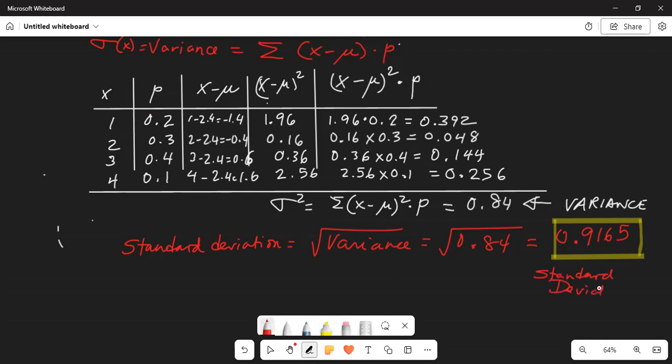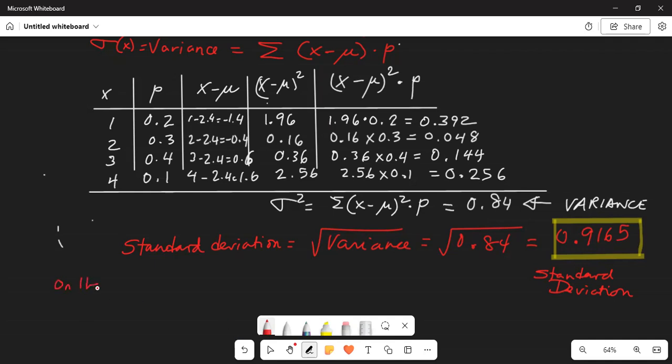What does it mean? On the average, a number in this discrete probability distribution will deviate from the mean by 0.9165. So let me write it down, what it means.